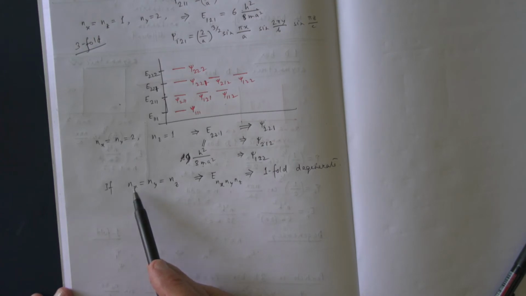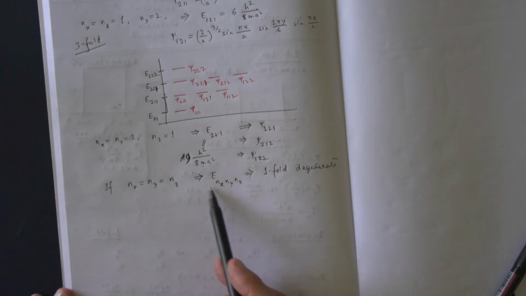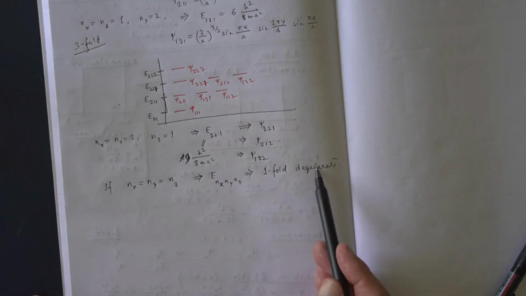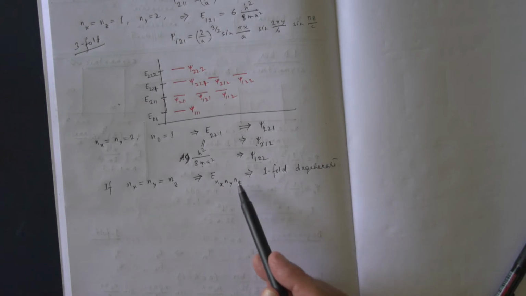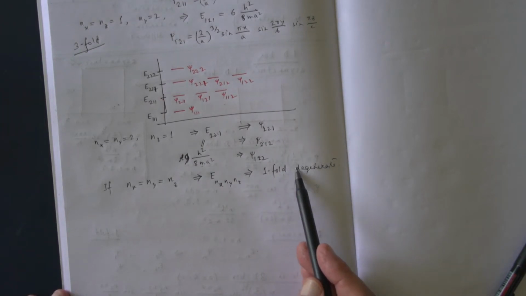If the three quantum numbers are the same, then that energy level will be one fold degenerate. That means we will have only one state, that is one wave function.